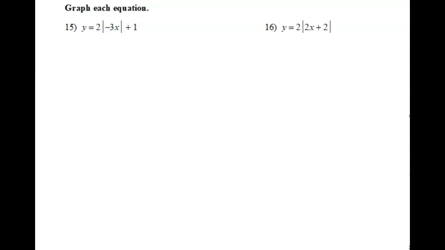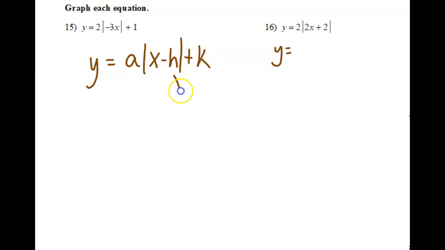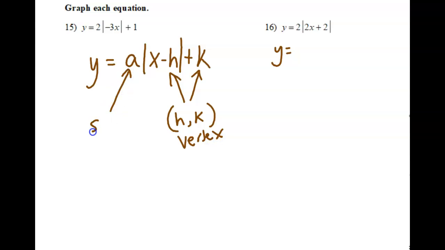On number 16, we're going to review how to graph absolute value functions. The way that we do that is we want to remember the form of an absolute value function. Absolute value functions look like this. This number here, once again, we take the opposite of the h, represents my vertex, and this number here represents my slope, so to speak.